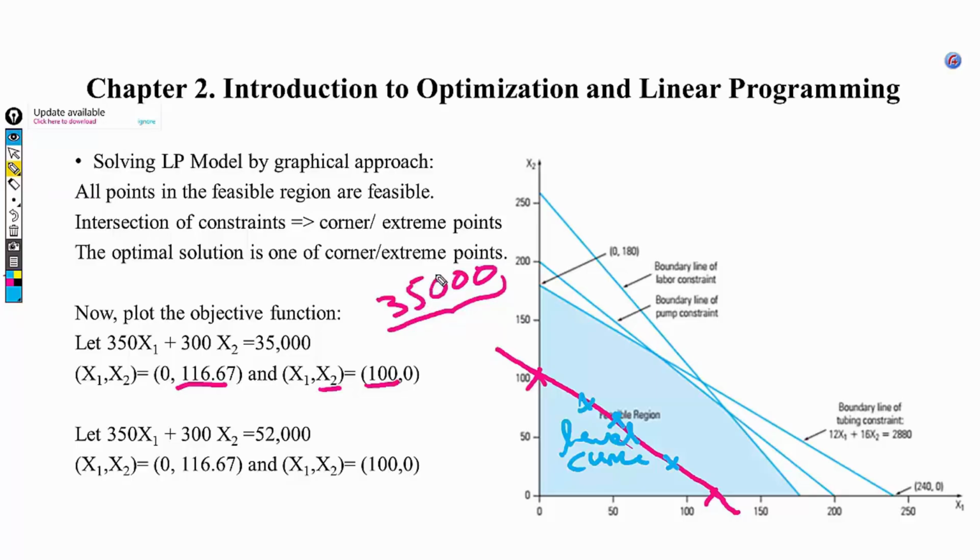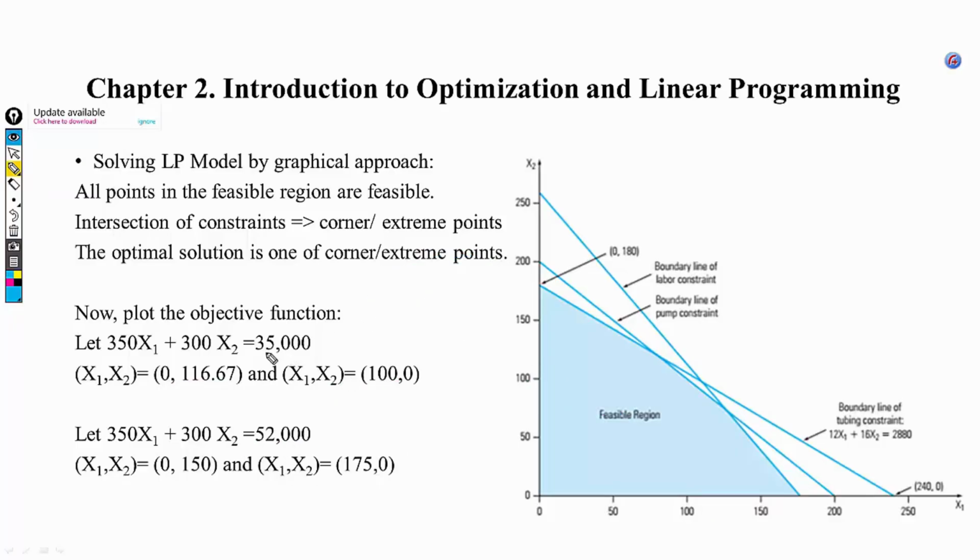Now I can increase this 35,000 to 52,000. By increasing the 35,000 to 52,000 and finding the points, we get x1 equal to 0, x2 equal to 150. So this point, and x1 is 175 and x2 is 0, so somewhere around here.